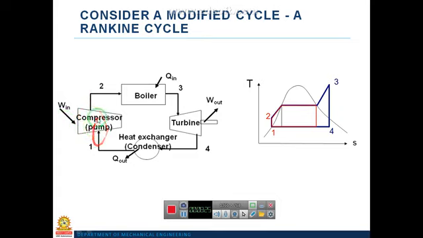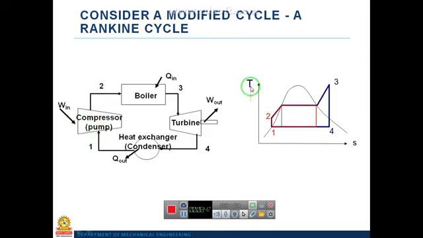In order to run the feed pump, we give the input to the compressor or pump. The pump pumps the fluid from the condenser to the boiler. This process is generally represented from 1 to 2.